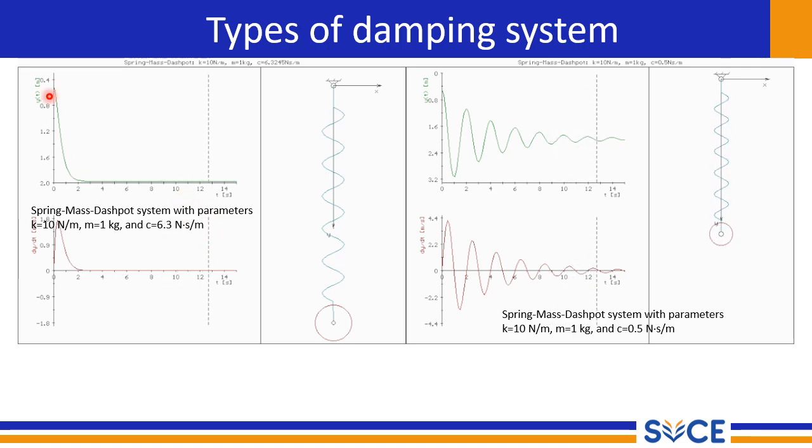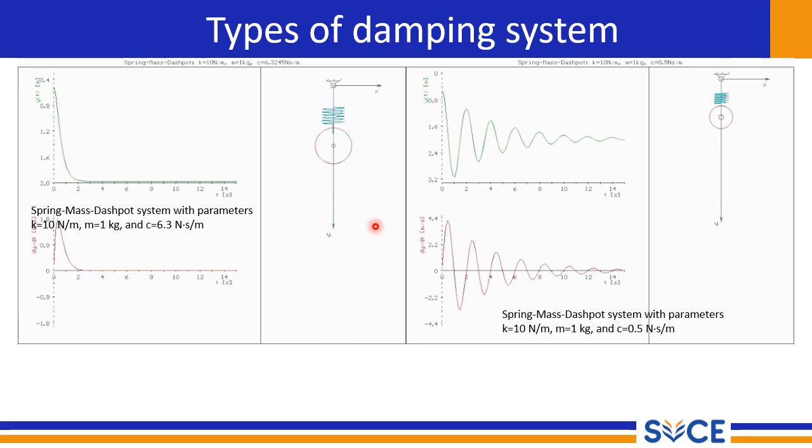The displacement graph shown in green and the velocity graph shown in red illustrate a critically damped system. In this scenario, damping is just enough to prevent oscillations, allowing the mass to return to equilibrium, that is at rest, as quickly as possible without oscillating.